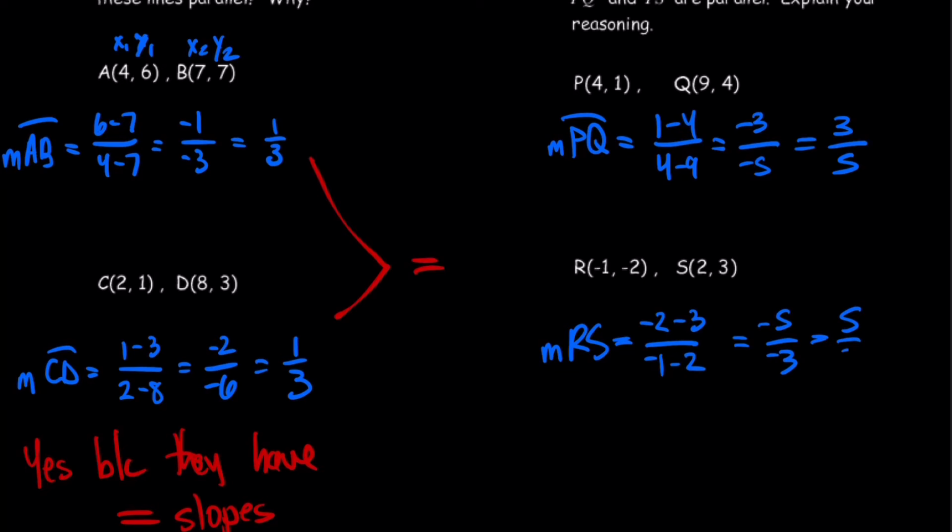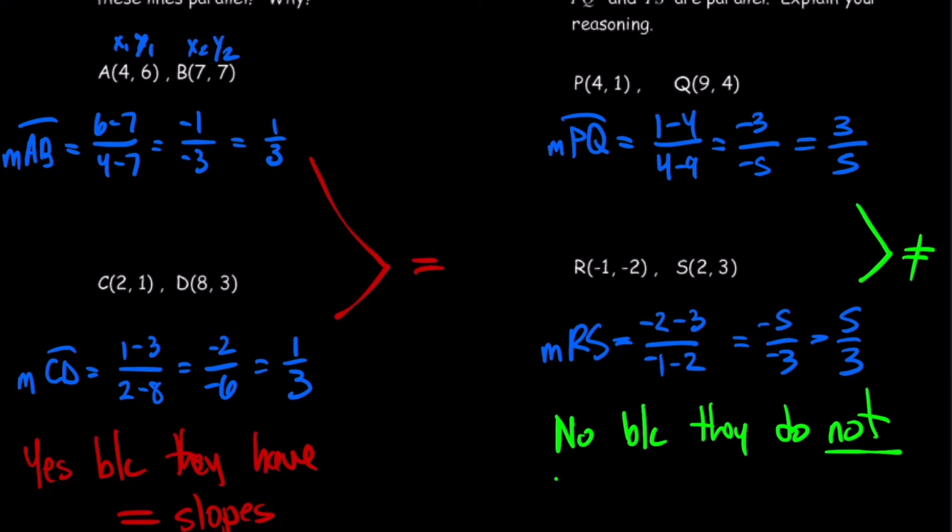That is 5/3. Although close, those are not equal. 3 over 5 is not the same fraction as 5 over 3. So since these are not equal, I would say no, because they do not have equal slopes. So that's how you determine parallel versus not parallel.